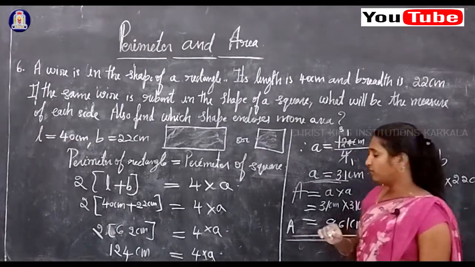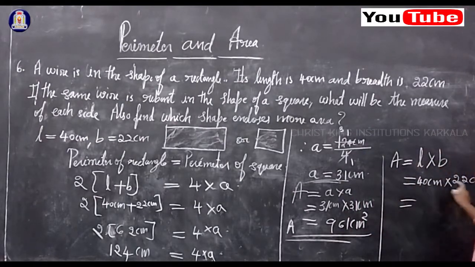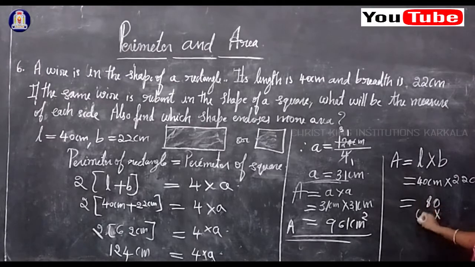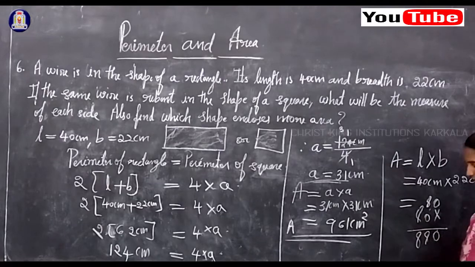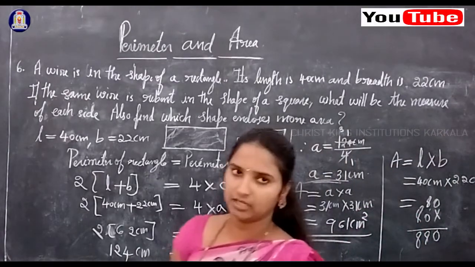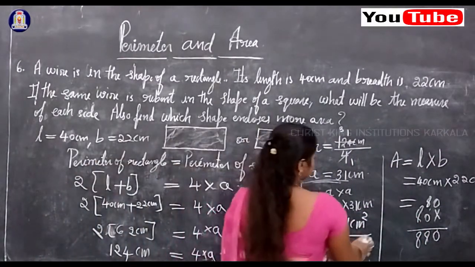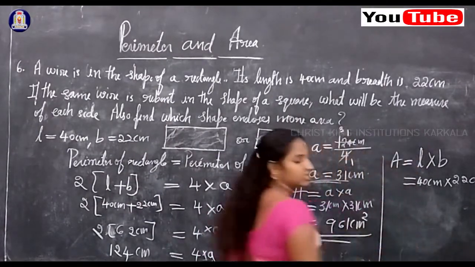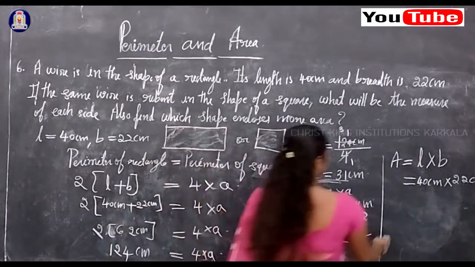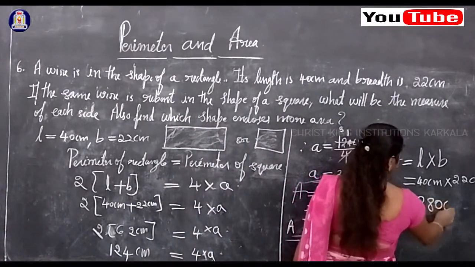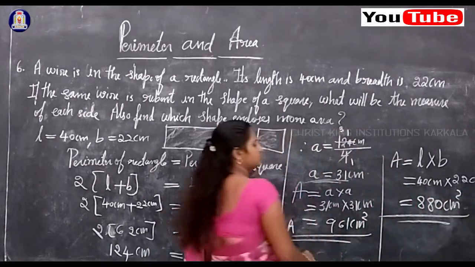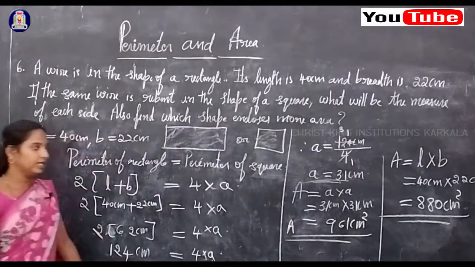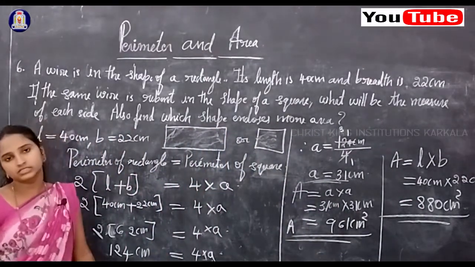If you multiply this, 2 zeros are 0, 2 fours are 8; again 2 zeros are 0, 2 fours are 8. So I got 880 centimeters square. Why? Because area is centimeter into centimeter, so centimeter square. The answer is 880 centimeter square. Understood?